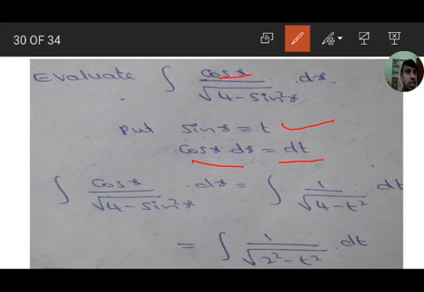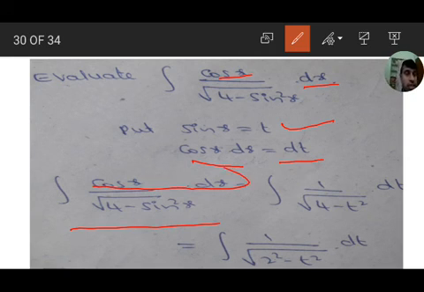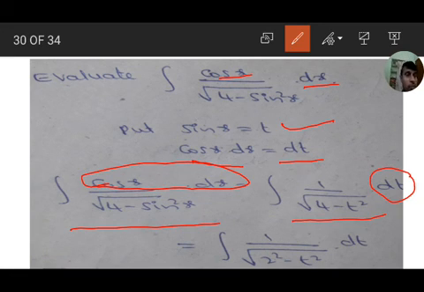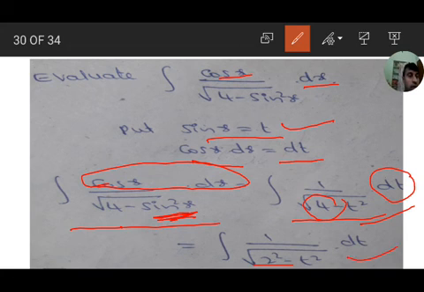So in the integration, cos x dx equal to dt, and sin square x is t square. 4 can be written as 2 square. So 1 by square root of 2 square minus t square dt.